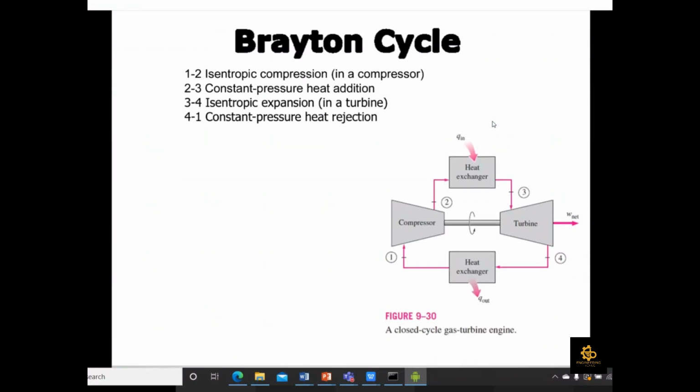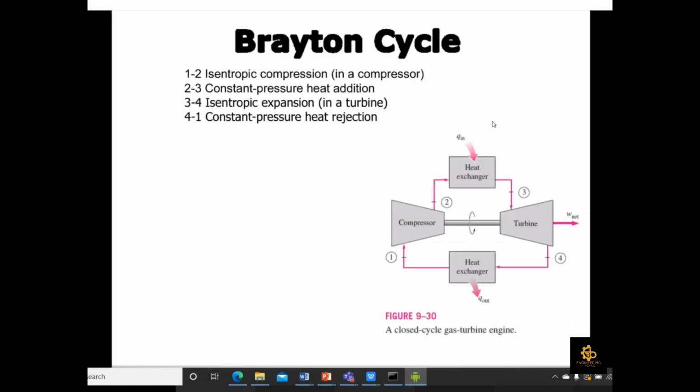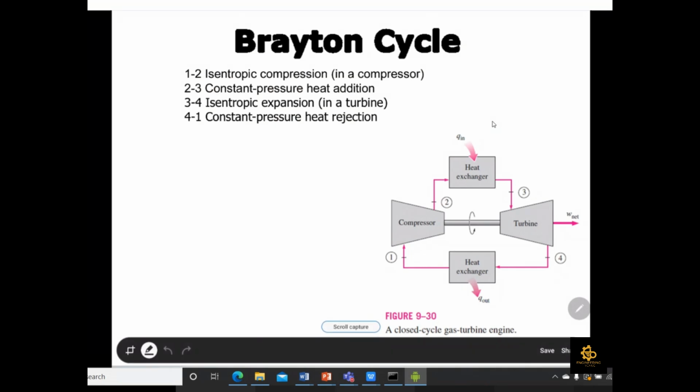The closed type gas turbine engine we usually call a Brayton cycle. In this cycle, we have to assume something, as in the IC engines, Otto cycle, dual combustion, and diesel engine, where we already assumed several things.